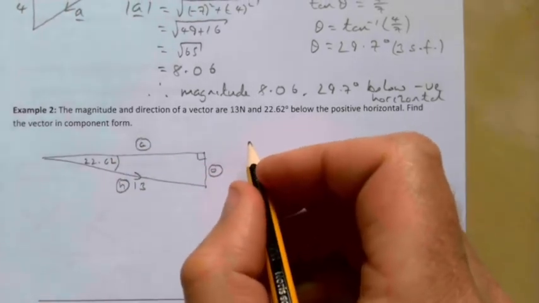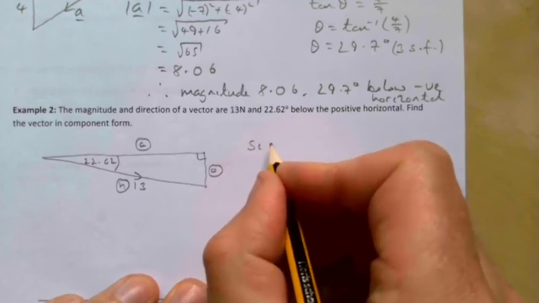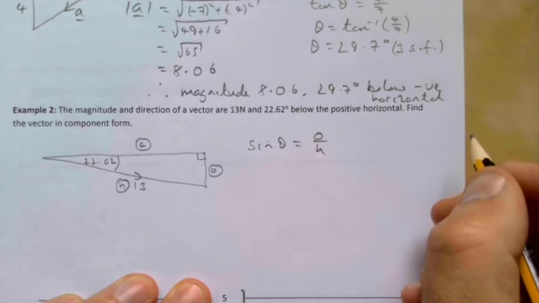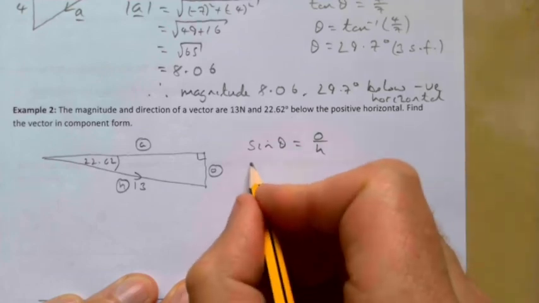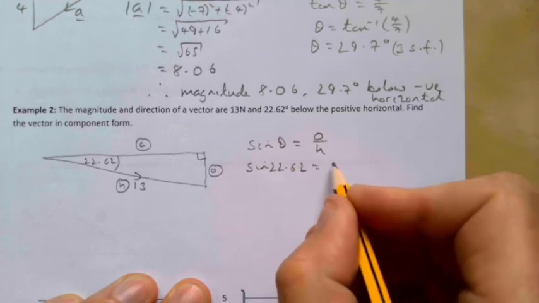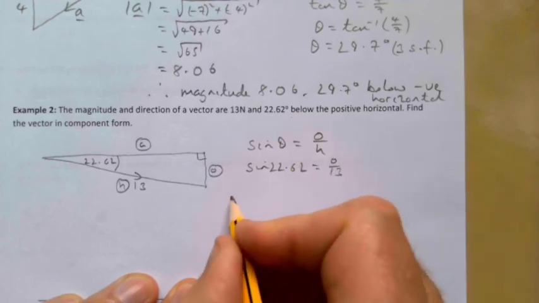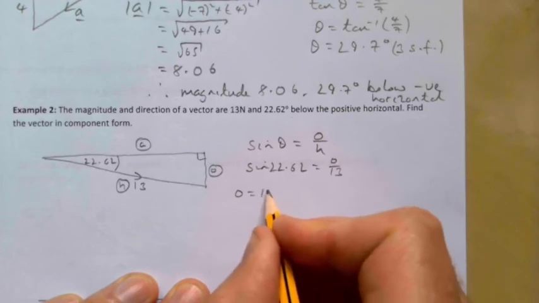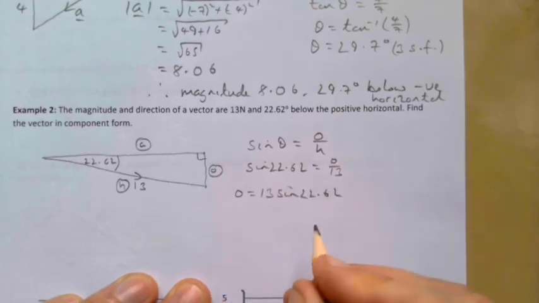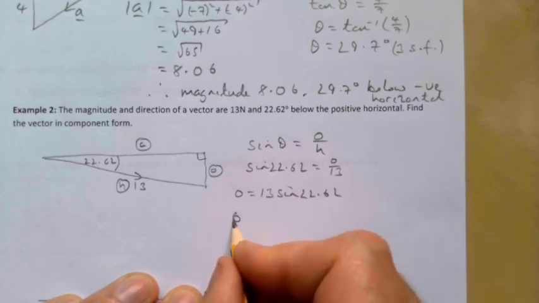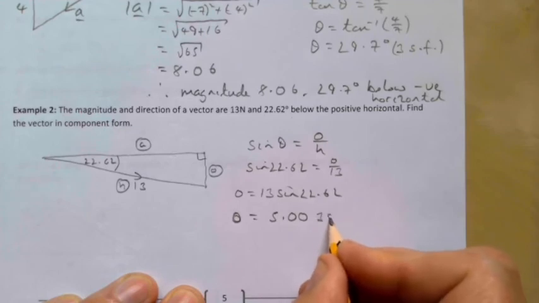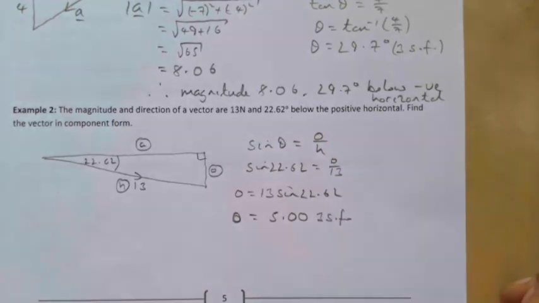So sine theta is O over H. Sine 22.62 is O over 13, so O is 13 sine 22.62, and O is pretty much 5.00 to 3 significant figures.